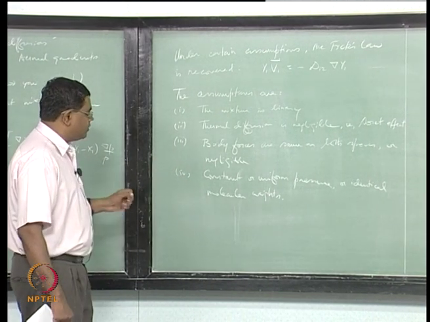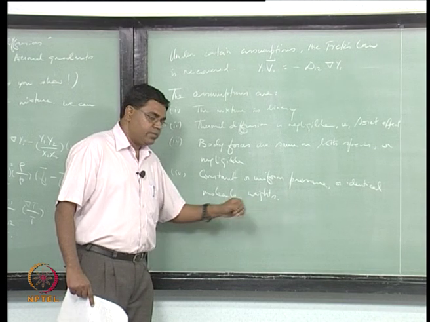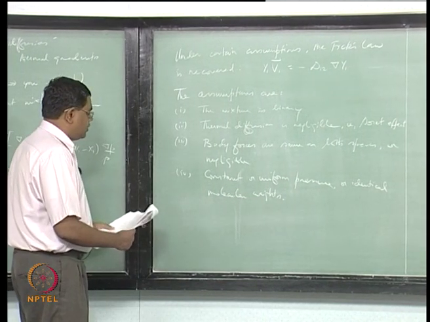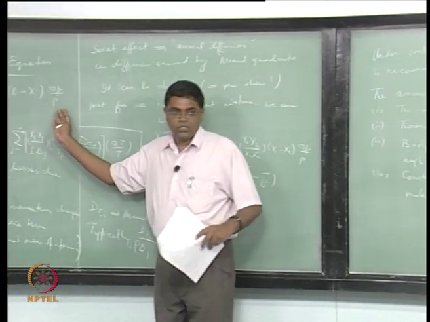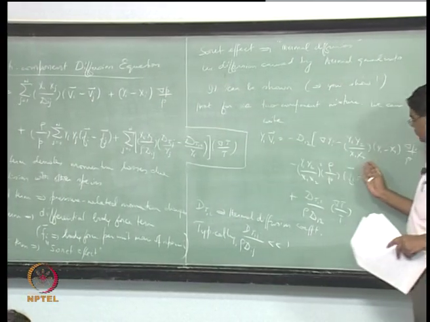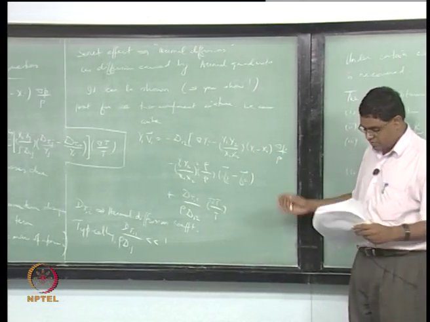So you have to be careful on the application, and you might be able to get away with assuming equal molecular weights for the purpose of getting rid of this term, or for the binary mixture this term.